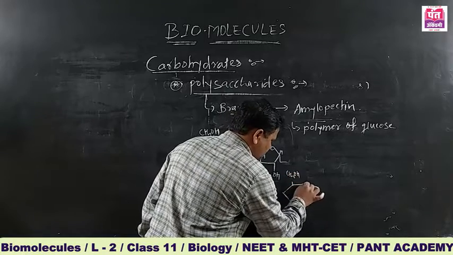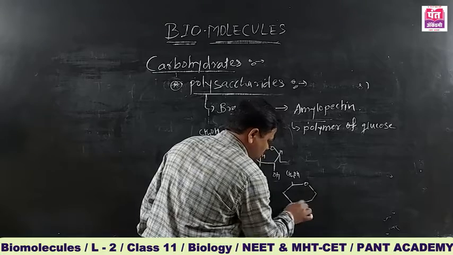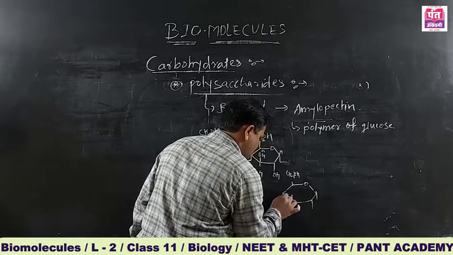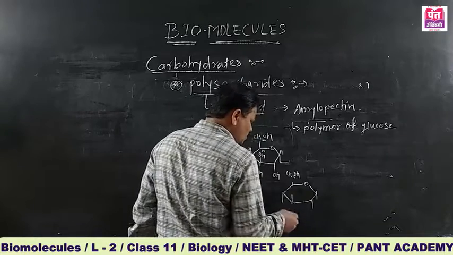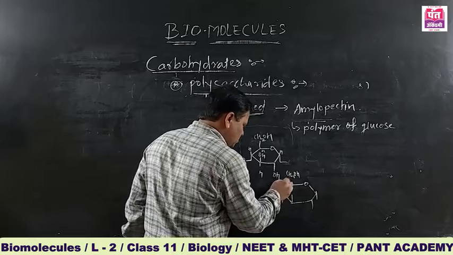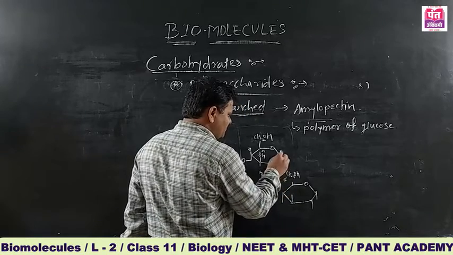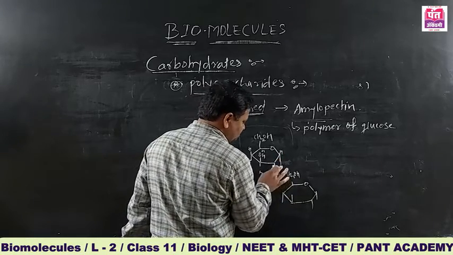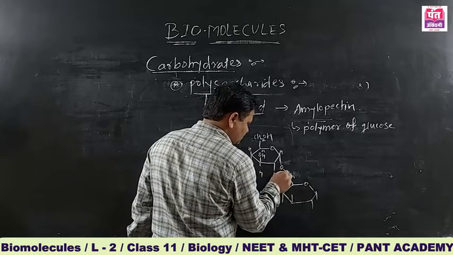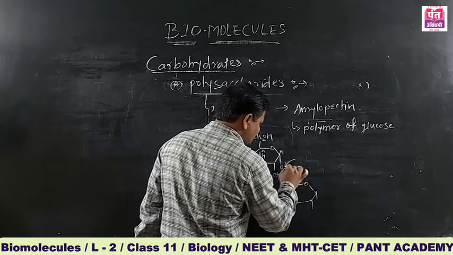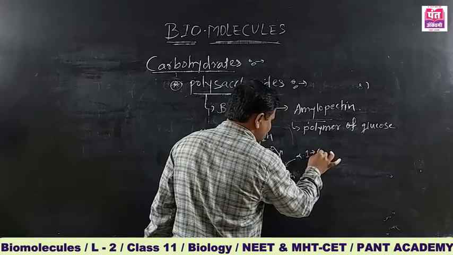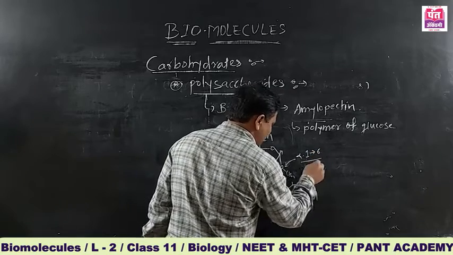CH2OH. Likewise. So here the sixth carbon of one glucose molecule binds with the first carbon of the other. Therefore, this hydrogen atom and oxygen atom are lost in condensation. So this linkage is an alpha-1,6 linkage, and this is the branching point.